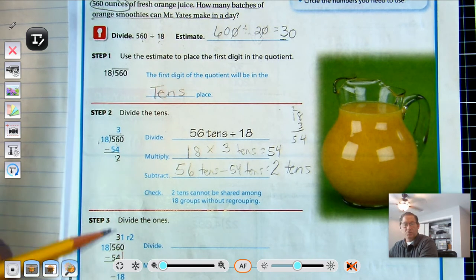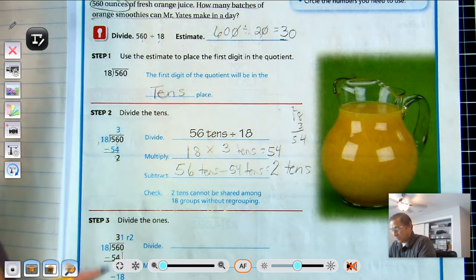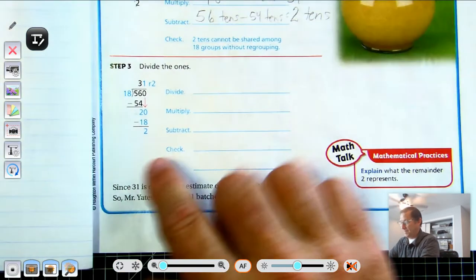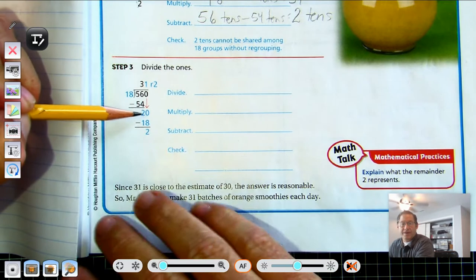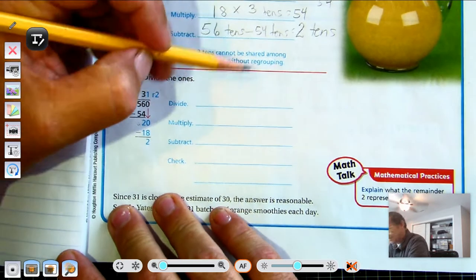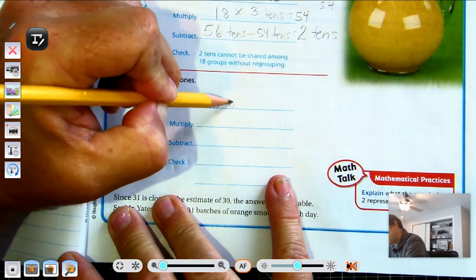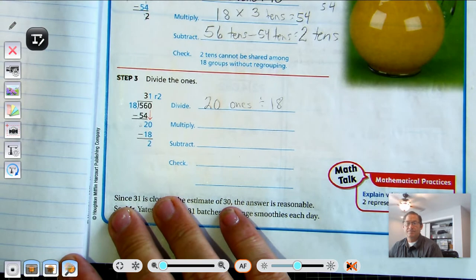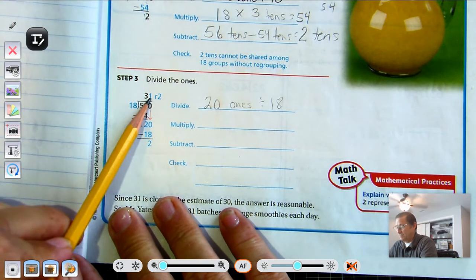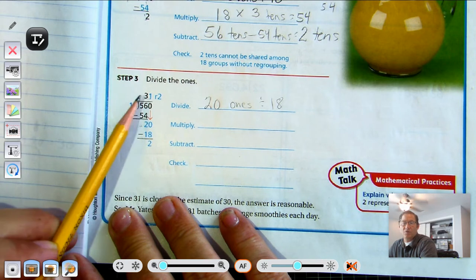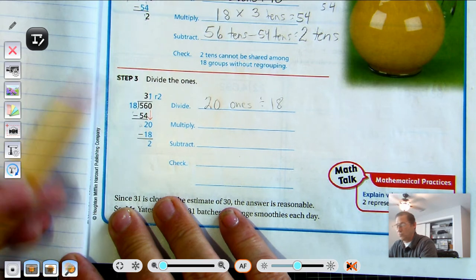All right, so now we're going to move to the ones. We had 2 tens left over. We're going to trade those for 20 ones, and we would bring down any ones that we already have. So we have 20 ones divided by 18. Well, you can only get one. If we have 18 groups, you'd only be able to put one in each group to get close to 20.